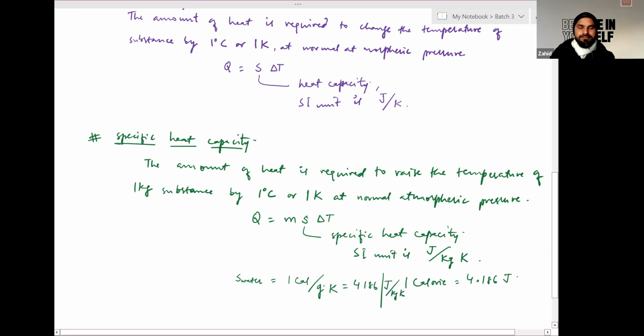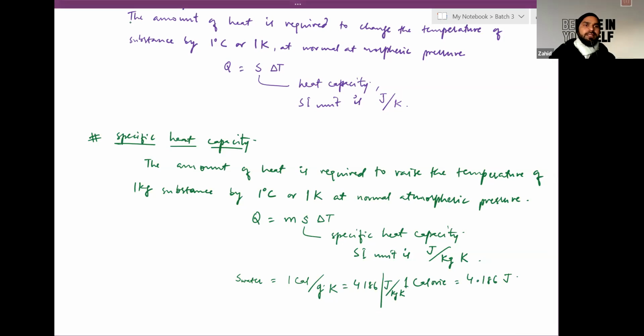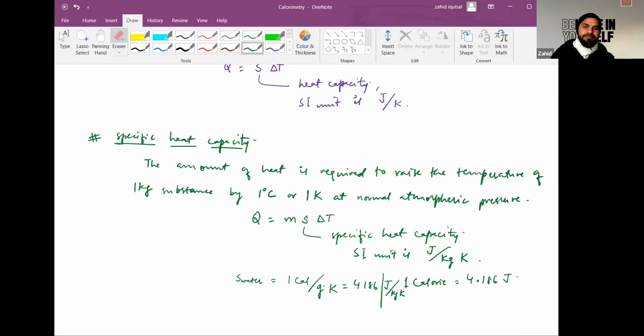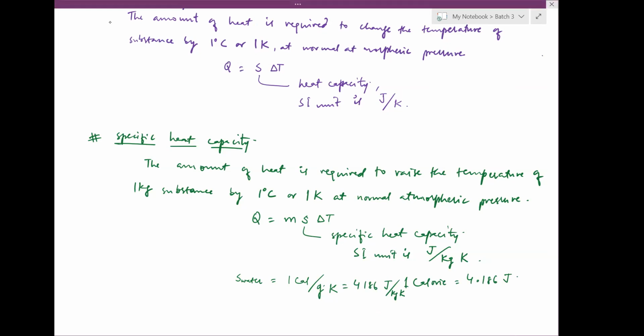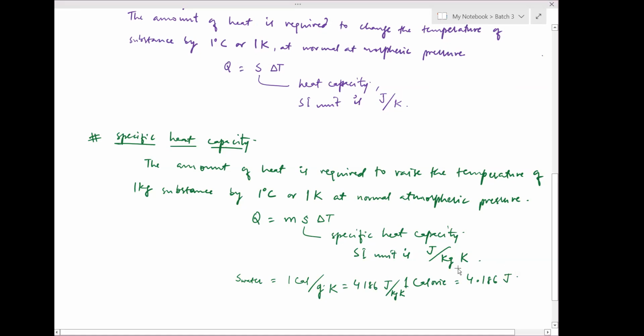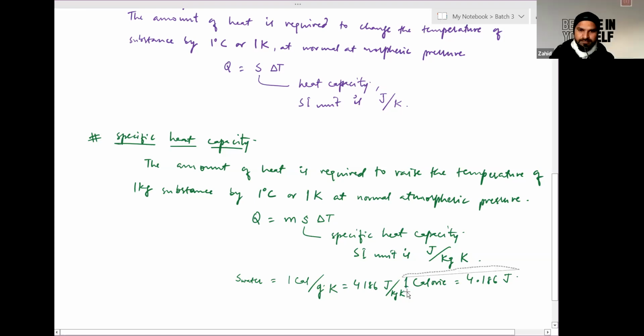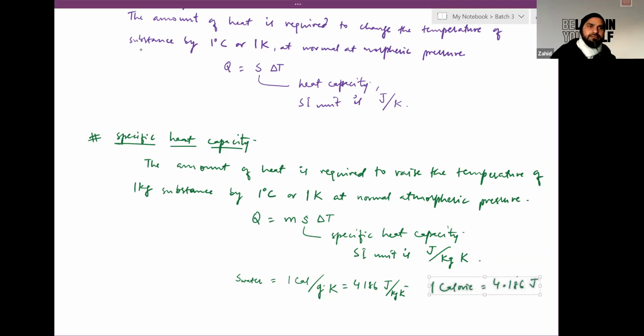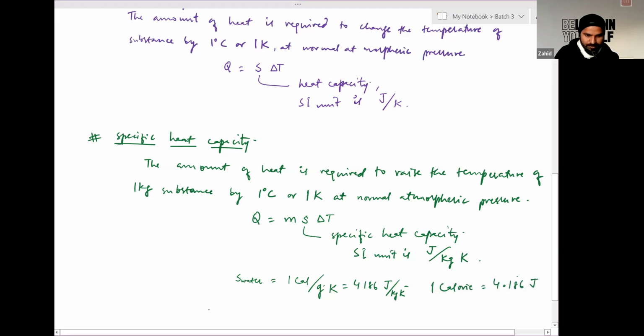Atif, is it clear? Yes. Similarly, the specific heat capacity of ice and of vapor is 0.5 calorie per gram per Kelvin.